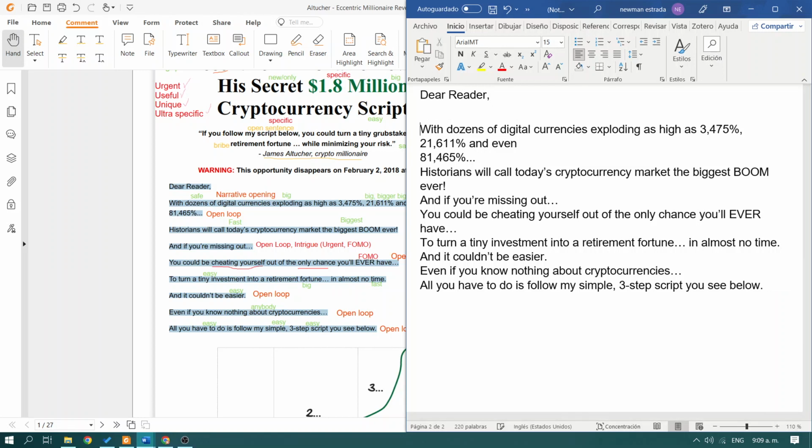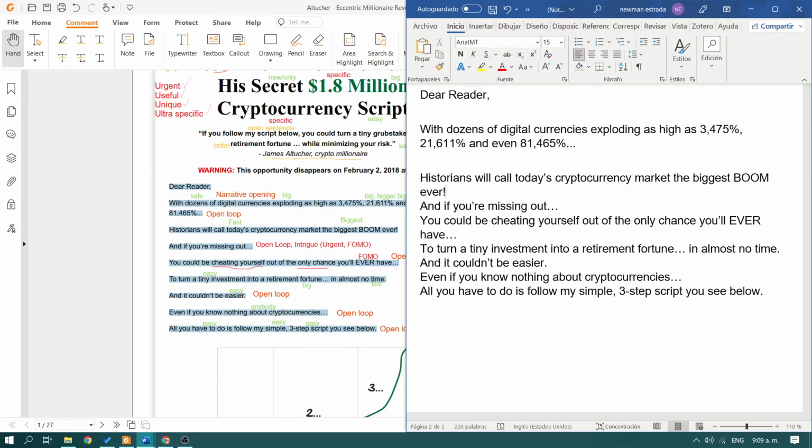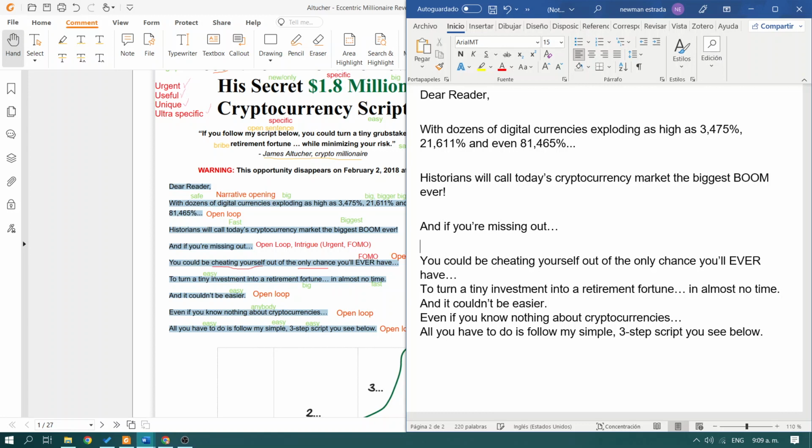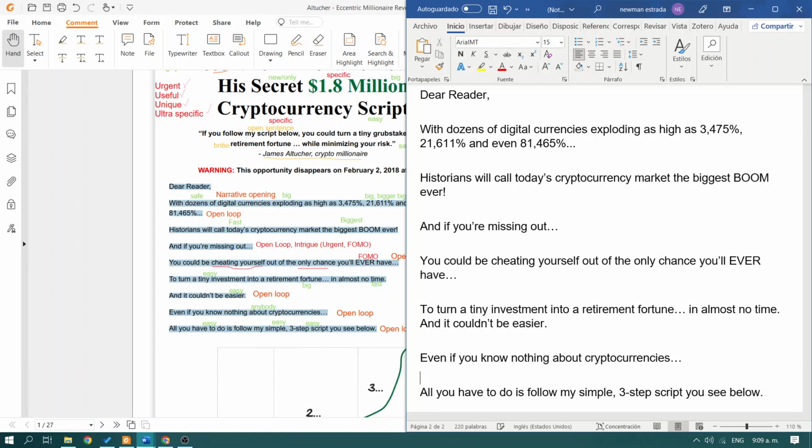Dear reader, with dozens of digital currencies exploding as, da da da. Okay, what do you see here? This is an open loop, right? And it's not an open loop, it's more like an open loop slash sentence, right? This is incomplete.